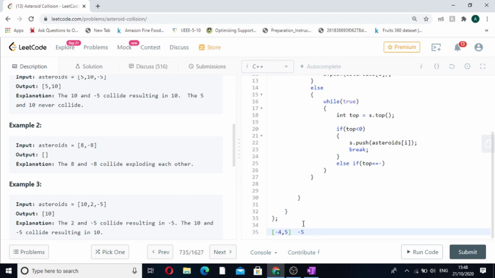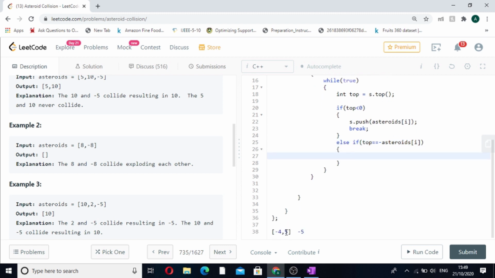Then top is 5 and minus of asteroids I is minus of -5, which is 5.